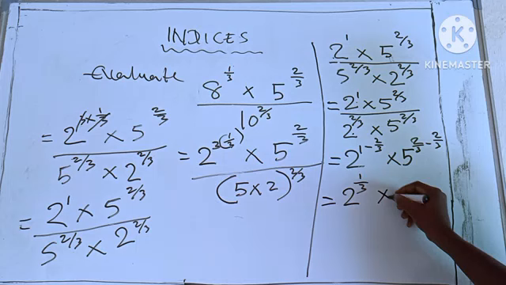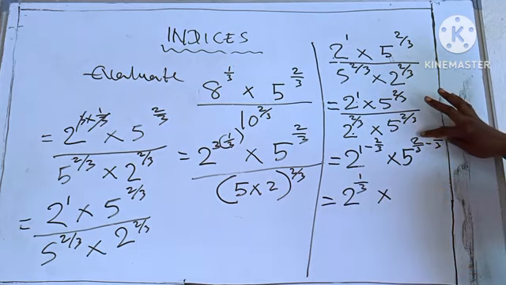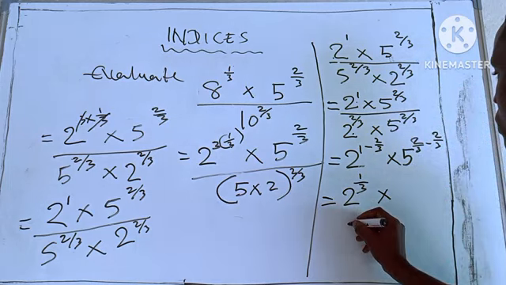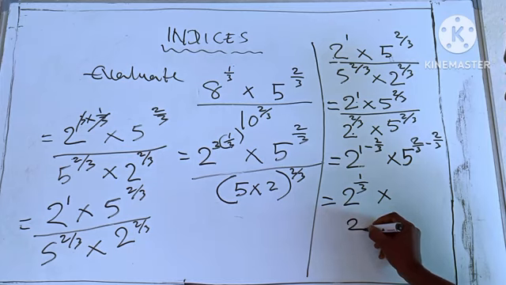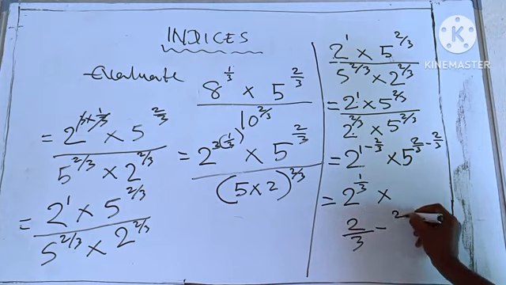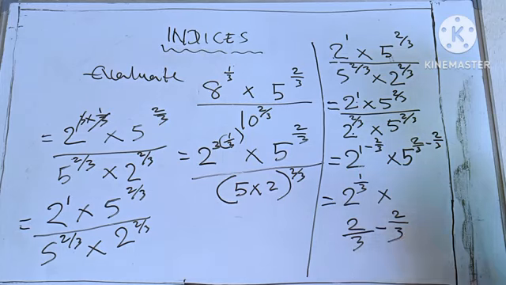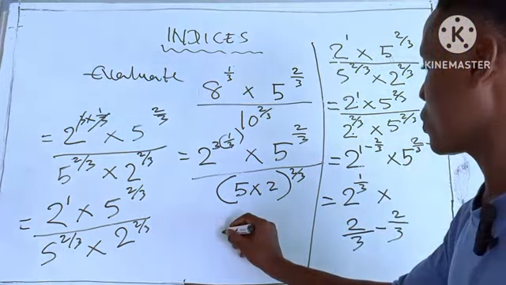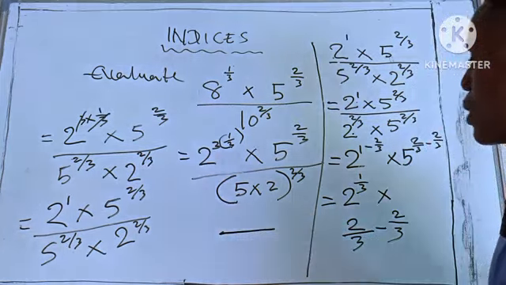Then multiply by, look at this place, we have 2 all over 3 minus 2 all over 3. Let's solve it separately, okay? So we have 2 all over 3 minus 2 all over 3. Now if you want to solve this type of question, first draw your division line.